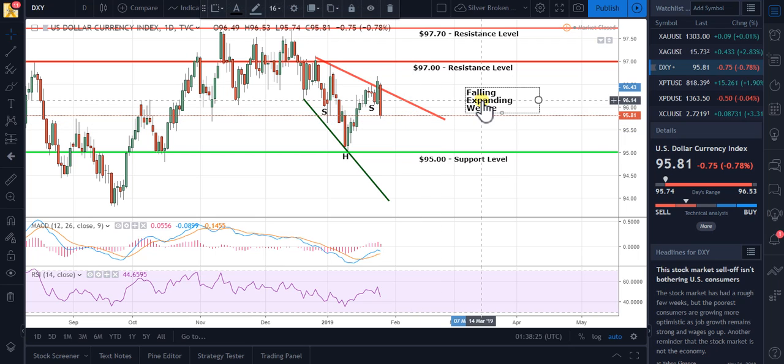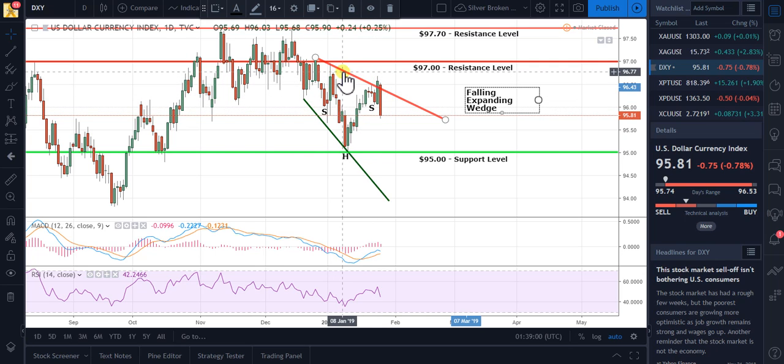So we had a falling expanding wedge, a much larger one that was broken, and now we have another falling expanding wedge that was broken on Thursday. I also mentioned a hypothetical that I was seeing a pattern of an inverse head and shoulders, that this may turn out to be the right shoulder of an inverse head and shoulders, and it did turn out to be that way, because on Thursday, the dollar shot up in price.